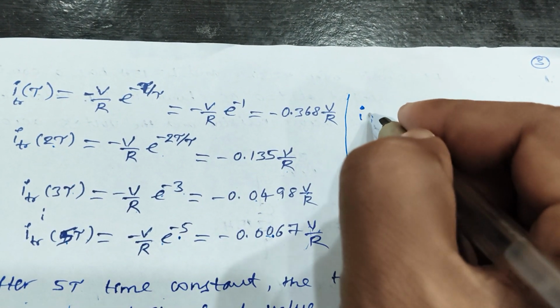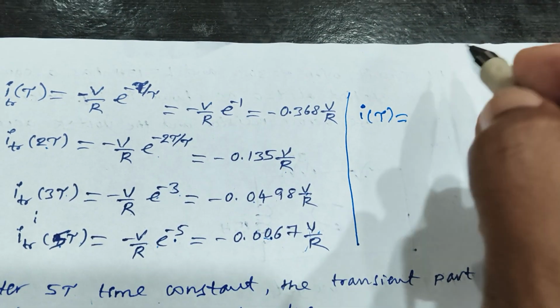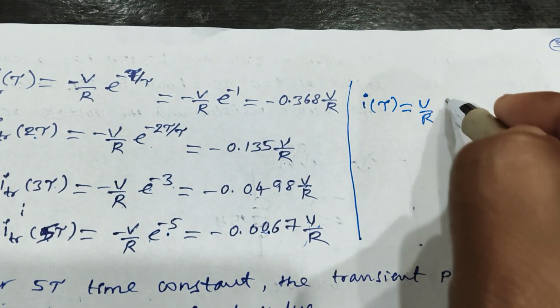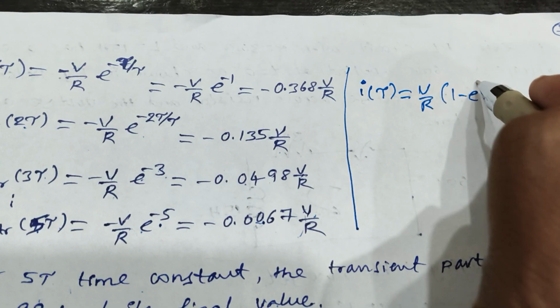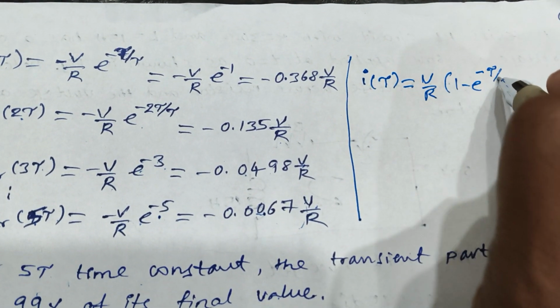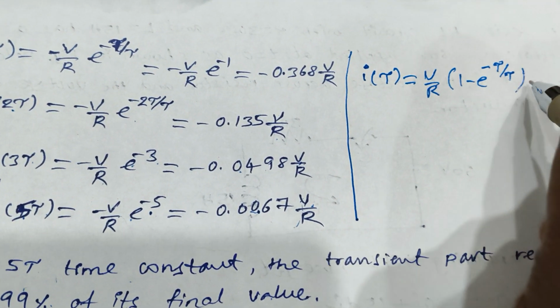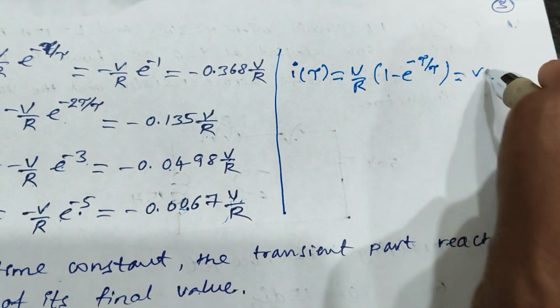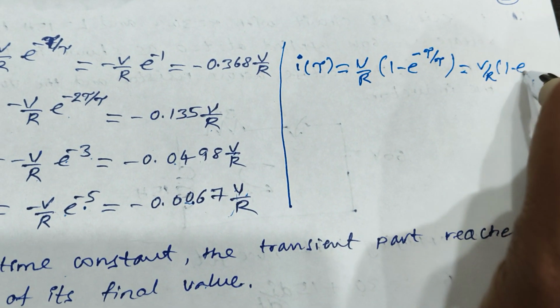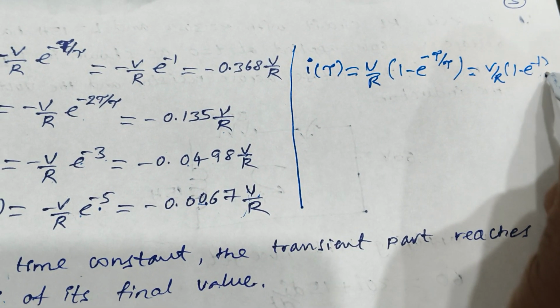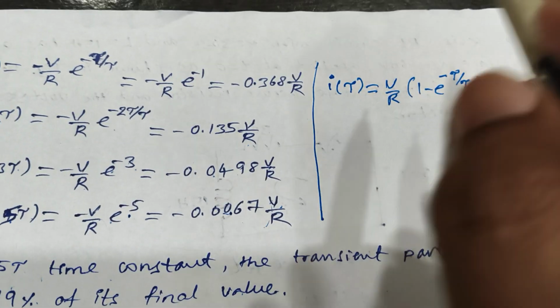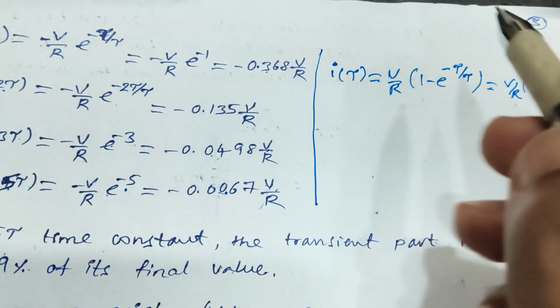In overall current, I of tau you can substitute, which is equal to V by R into 1 minus e power minus t by tau. T is equal to tau, so it is V by R into 1 minus e power minus 1. e power minus 1 is equal to 0.368.